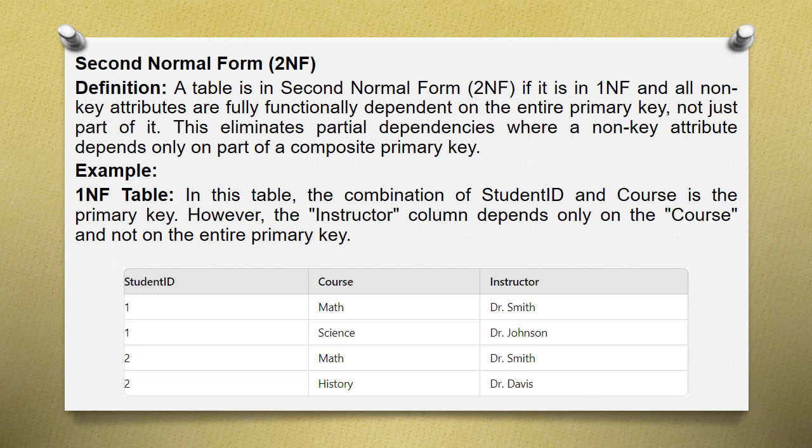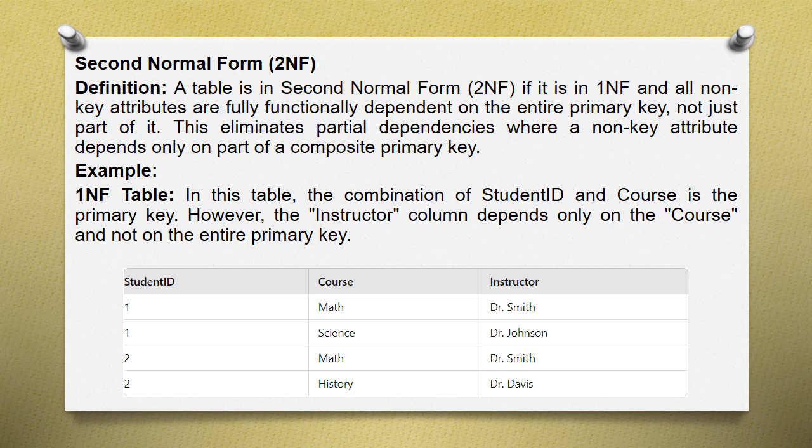Now, let's move further. The second normal form. The very first condition for second normal form is that the table must be in first normal form. After that, the second condition is that there should not be any partial dependency in the table. Now, what is partial dependency?